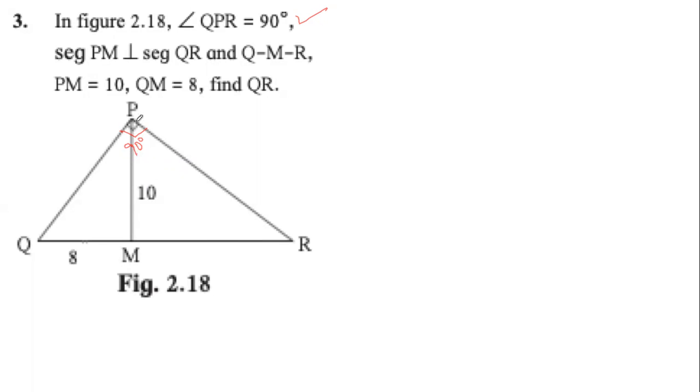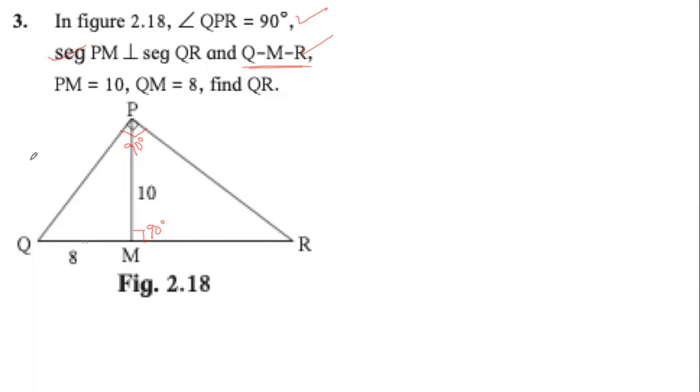That means the line segment PM makes an angle of 90 degrees with the side QR. And QMR, when 3 points are written like this, it means they are collinear. It means Q, M, R are on a straight line, and that straight line is QR, collinear. So the second part, third part is done.